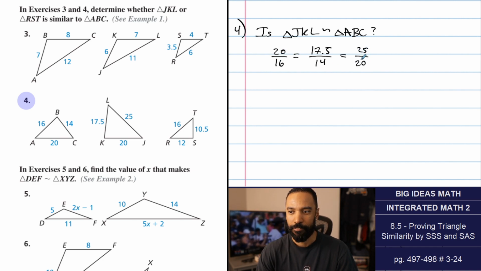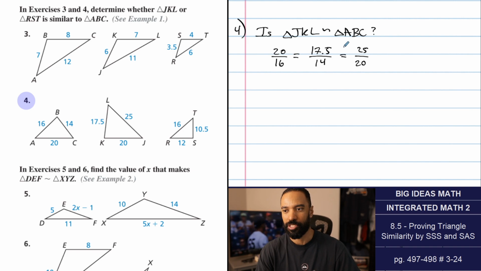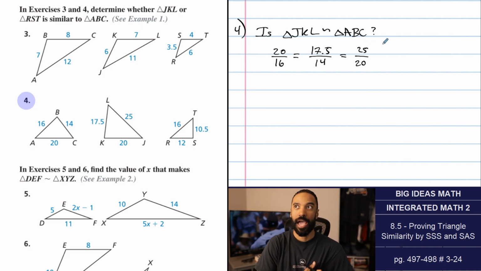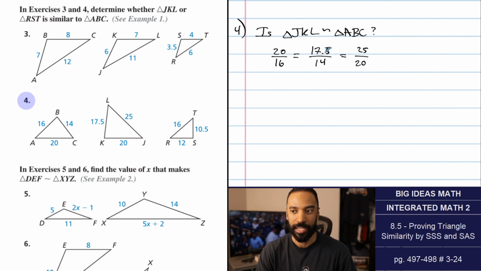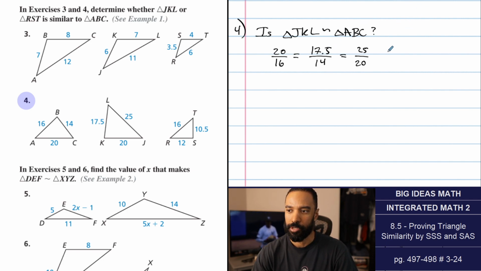I know these are both 5/4. Those are both good. The question is 17.5 over 14. I believe that's correct because I can divide these by, no, 3.5, excuse me. Divide this by 3.5 and you get 4. Divide this by 3.5 and you get 5. So they're all 5/4.